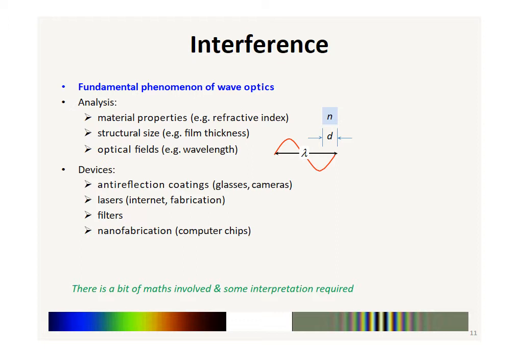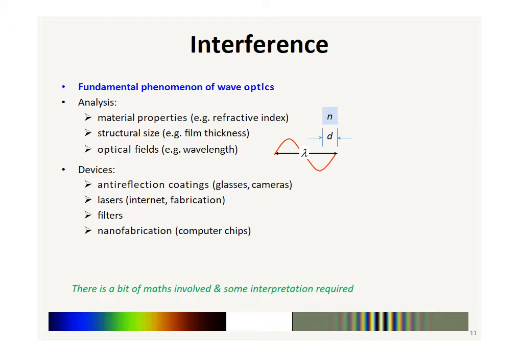However, because of the very short wavelength of light, it hasn't been recognized for most of history. Nevertheless, now that manufacturing has come along and these short distances are something that we can easily create in factories and laboratories, interference has become quite important.